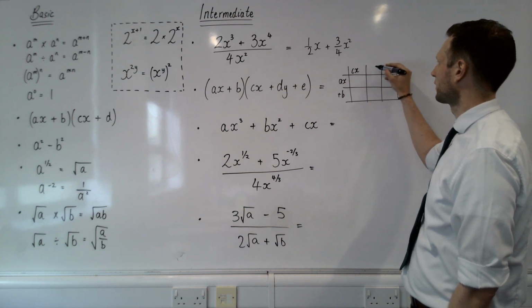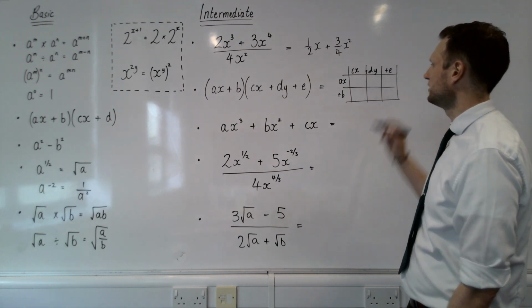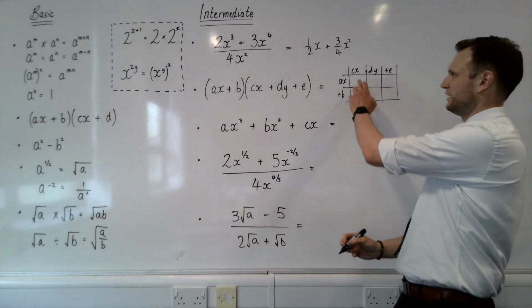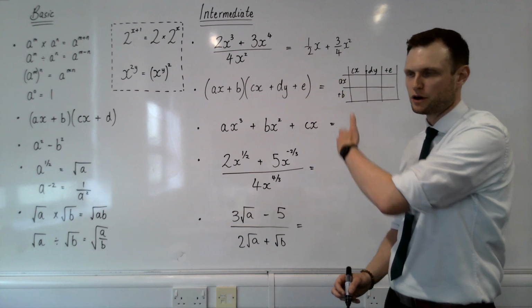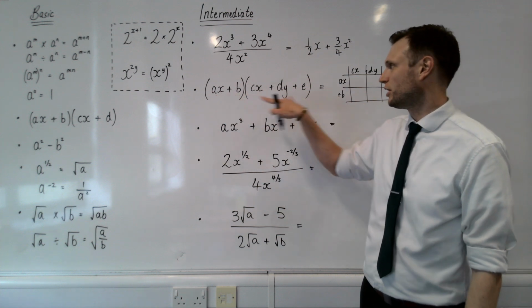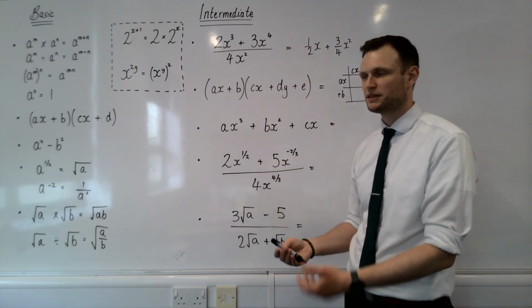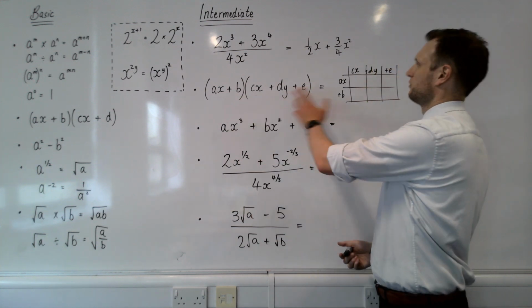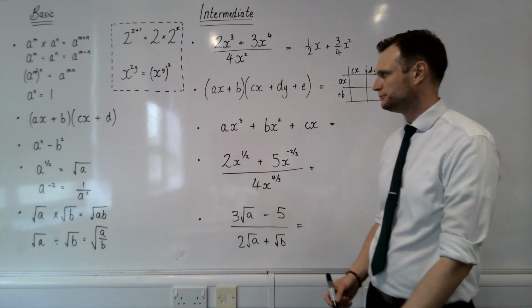So d, y, I like to put the pluses in, plus e, and then you would fill in each of these boxes with just the product of the column and the row. Okay, and that way you don't miss anything. As if you had 3 by 3 as well, like a trinomial times a trinomial, it's really easy to miss things. So I would use that if you are finding that you're missing things.